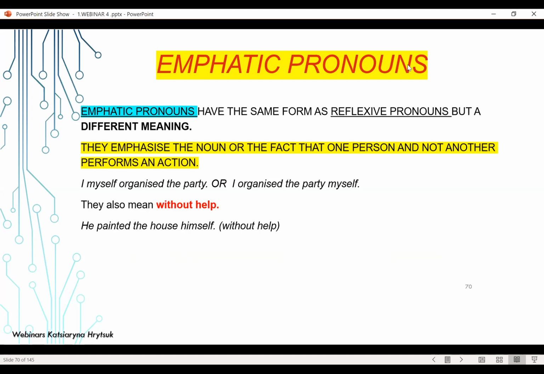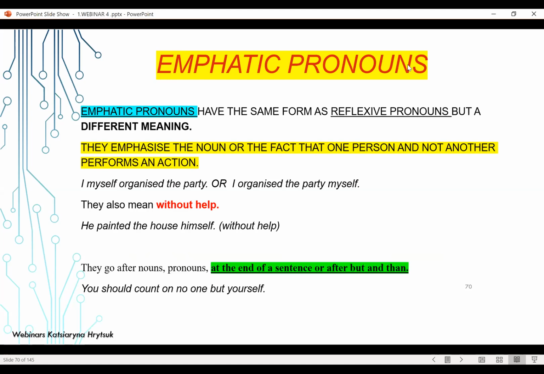I myself organized the party. Okay, and I organized the party myself. It means, okay, I organized it, I did it, but maybe someone helped me, we don't know. So here, I plus emphatic pronoun is used to emphasize that you did it, not that someone helped you.